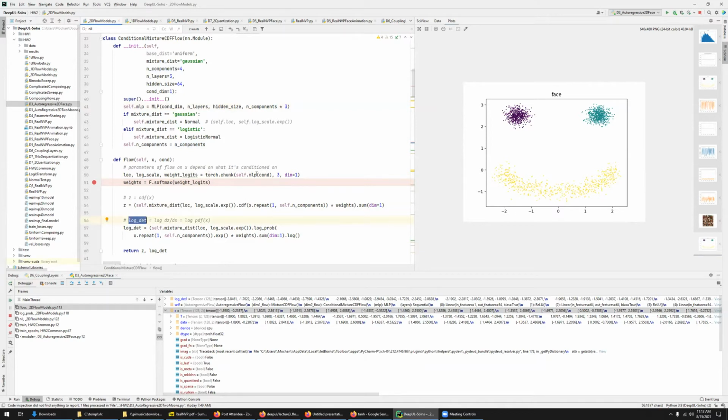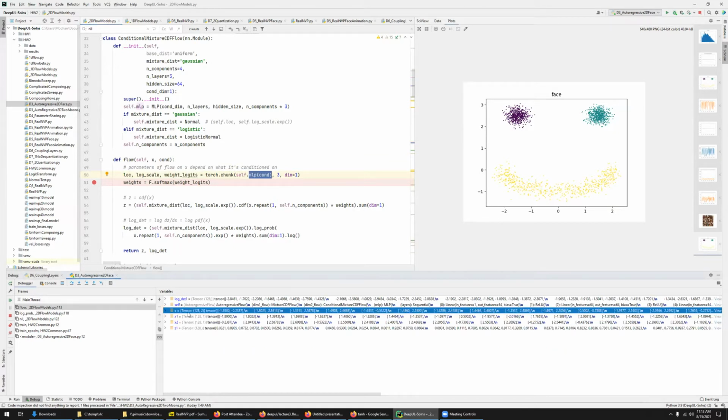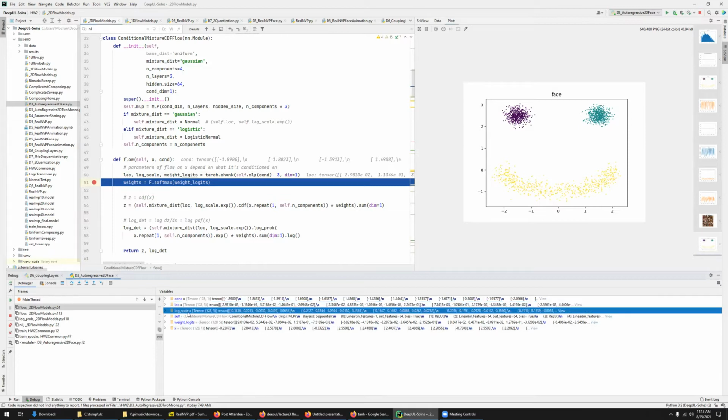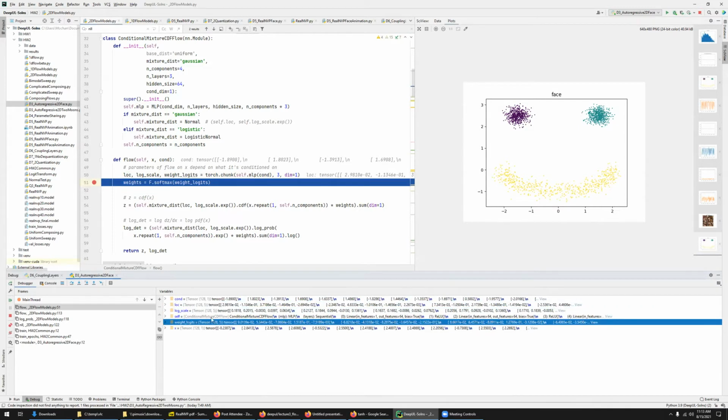Yeah, but the thing is the mean, standard deviation, and weights actually come out from the MLP. So you send in all the values of x, it goes into the MLP, and it produces all of these values. So here if we look at it, you can see there's the log scale and weights, and they're all 128 by 5 because that's the output of our MLP.